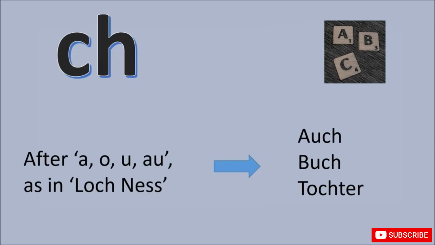CH. This is the one that's bothering most German learners. Also because it's quite difficult to sort of write down phonetically. If it's after an A, O, U or Au, then it's as in Loch Ness, so the ch sound, Loch, Auch, Buch, Tochter.